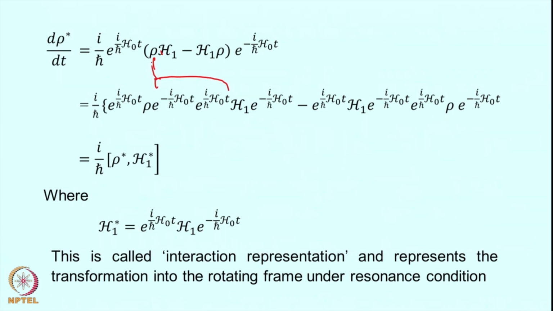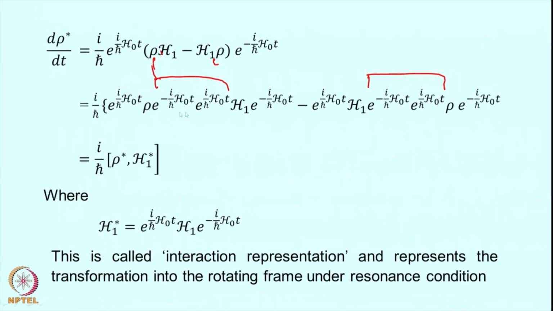So, in between ρ and H1 I put in this e^(-i/ħ ...), and I do the same thing here as well. At this point also I introduce this. What is that? That is basically 1 only, no? So here is the ρ, this is 1. So therefore ρH1 is not perturbed.